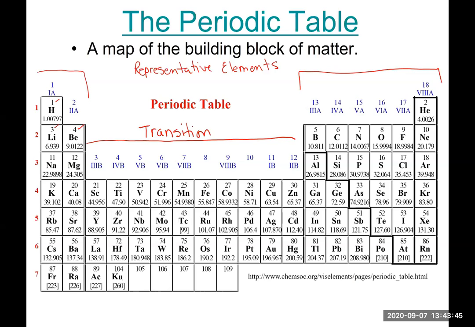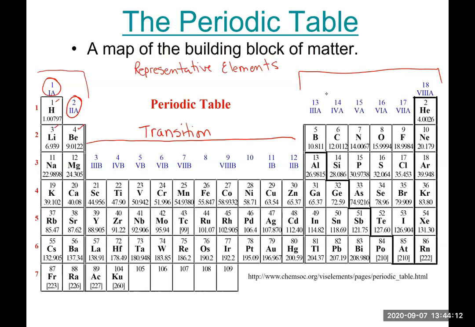And the way that we find that out is just by going to the top of the group, column, or family, and you see this is group 1 or 1A, and that means there is one valence electron in the outer valence shell for every species in that group, column, or family. Group 2A, same thing, 2 valence electrons in the outermost shell for every species in that family.